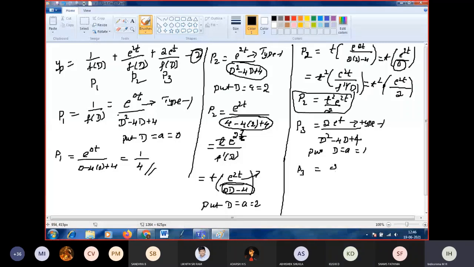P3 is equal to 2 into e power t, here a is 1. 1 square minus 4 into 1 plus 4. What did you get in the denominator? 1. 5 minus 4 is 1. So P3 is equal to 2 into e power t.